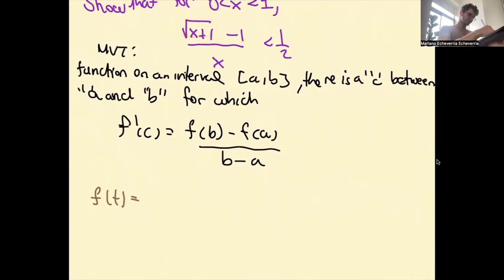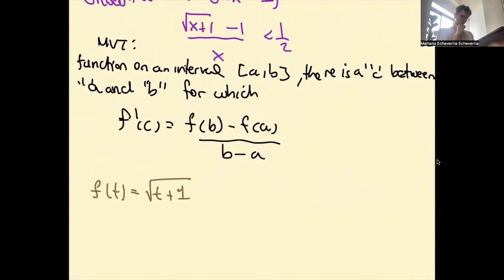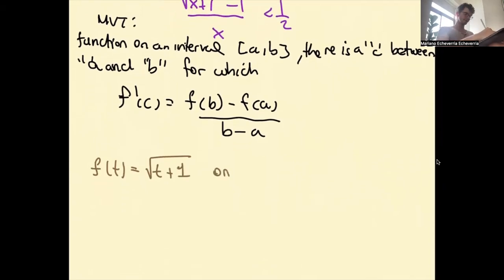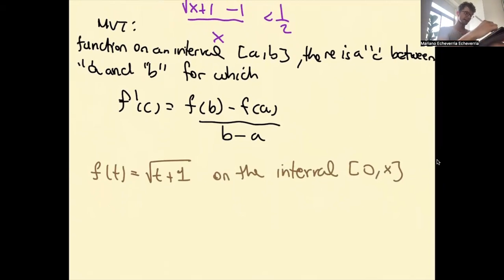So the idea was to take the function to be root of t plus 1 on the interval 0 to x, because if you do that, then this is like a and b.